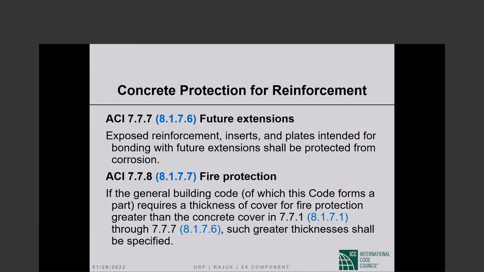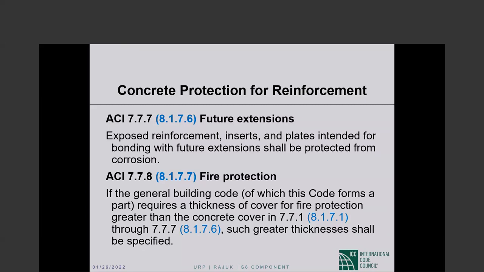Fire protection requirements are not in ACI 318. So we are discussing concrete and ACI 318. Fire resistance requirements are in the building code in the US. That would be based on the International Building Code.